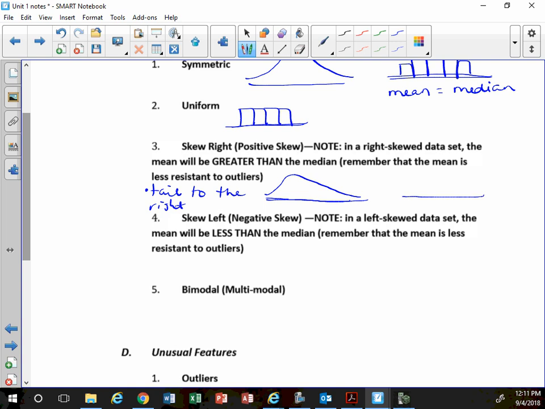Or if we had a histogram, it might look like this. You guys see how that's not symmetric anymore? Okay. Skew to the right, your tail is going towards the right.